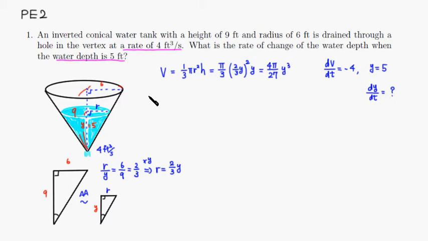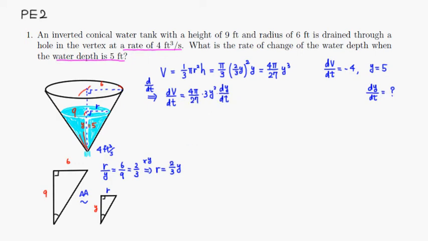Since we're looking for dy over dt, we should take the derivative with respect to t. So take the derivative of volume with respect to t. We have dV over dt equal to 4 pi over 27, which is just a number, so we just write it down. Then the derivative of y cubed is 3 in front, y squared, multiplied by dy over dt because of the chain rule.